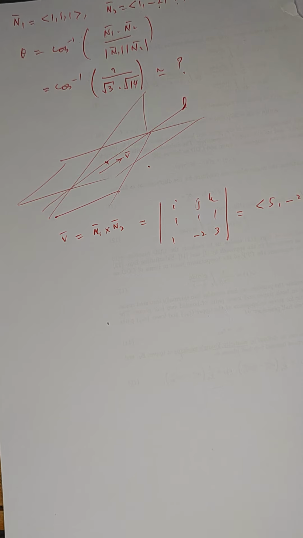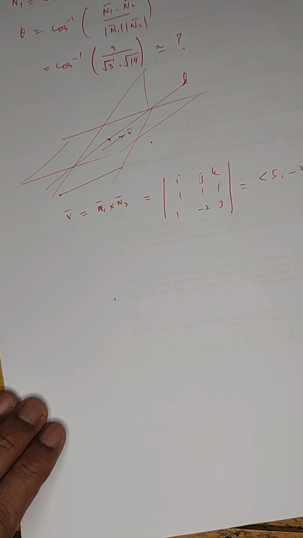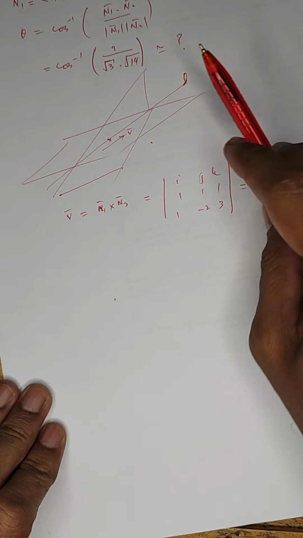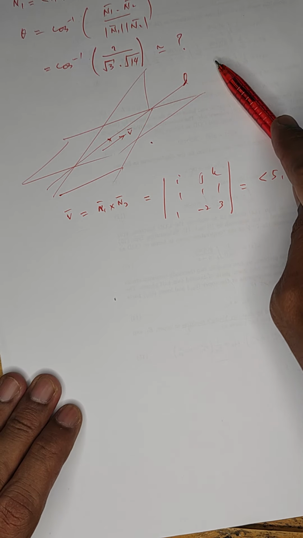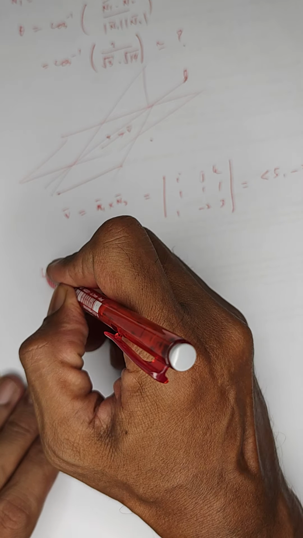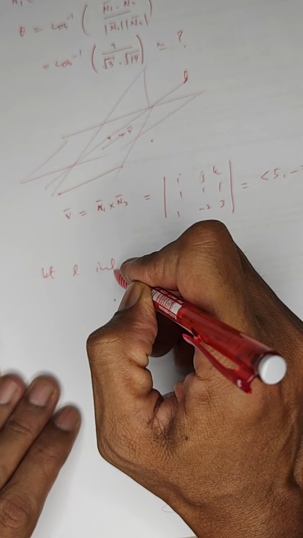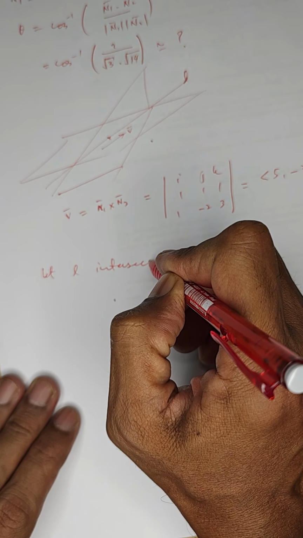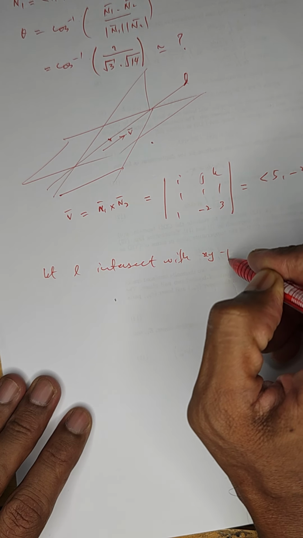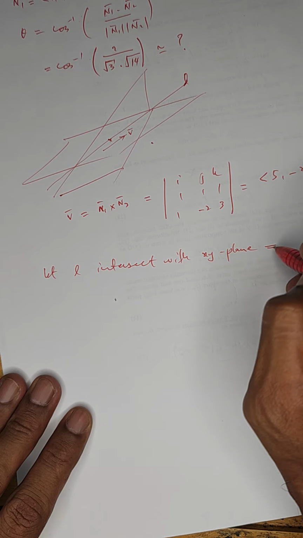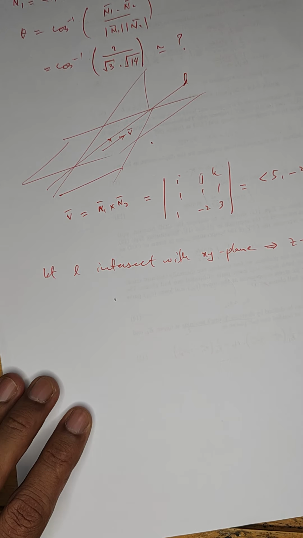And then, let's say this line L intersects the xy plane, which means z is 0.